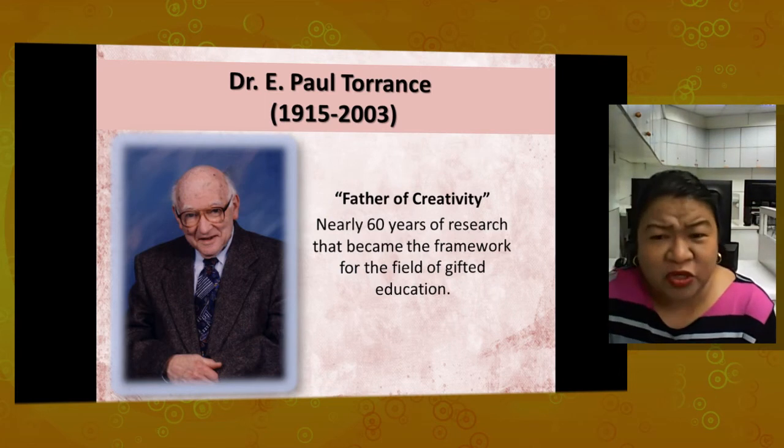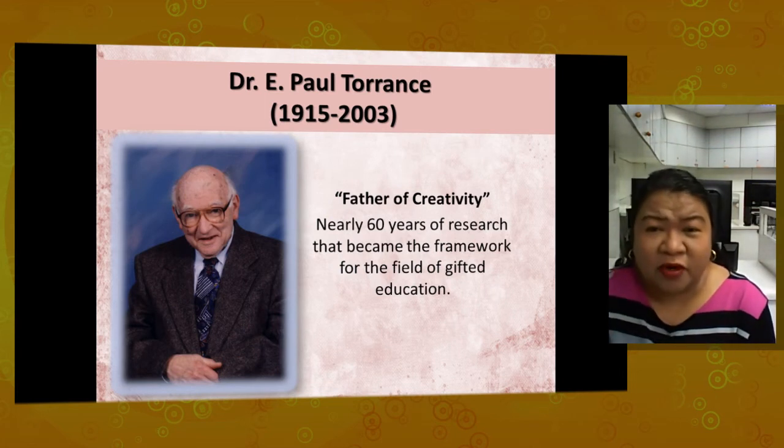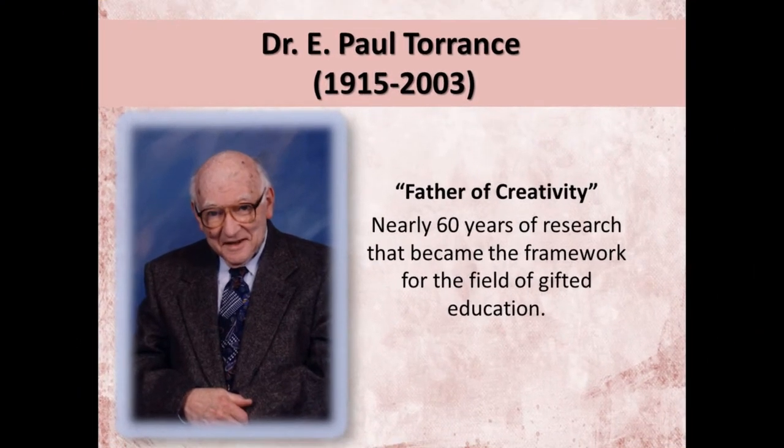So, as I have mentioned earlier, Dr. Paul Torrance is regarded as the father of creativity. So before he passed away in 2003, he nearly had 60 years of research that became the framework for the field of gifted education.